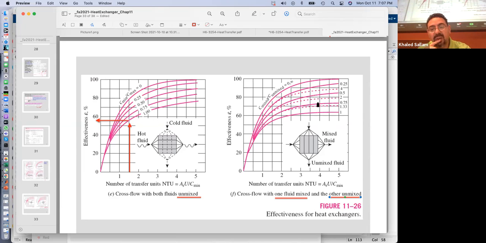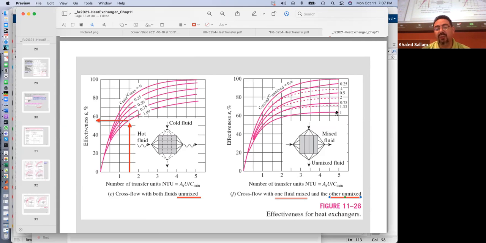I don't remember how to actually tell them apart. Like, for example, over here, 4 and 0.25. Is it the C mixed that is 4 or the C mixed 0.25? I don't know. I will have to check and come back to you. I don't remember, and it's really confusing.